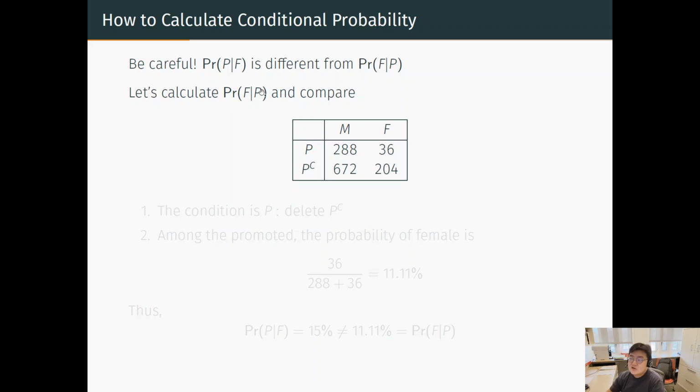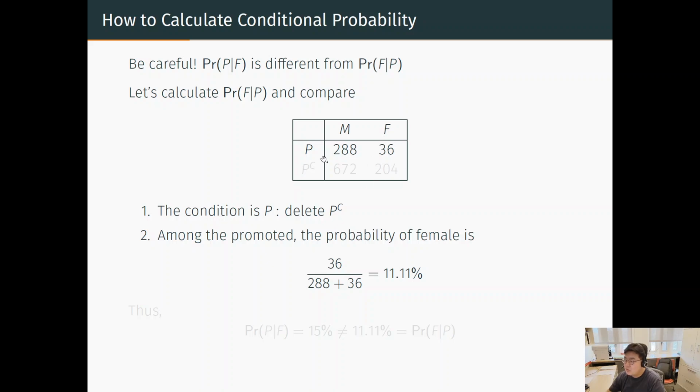Okay, let's just try to calculate this probability of F given P. That means we are looking only at those promoted cases, right? Delete the second row, and then count how many female. That is 36, right? So the condition is P, delete P complement, and among the remaining, those who satisfy the condition, calculate the ratio.